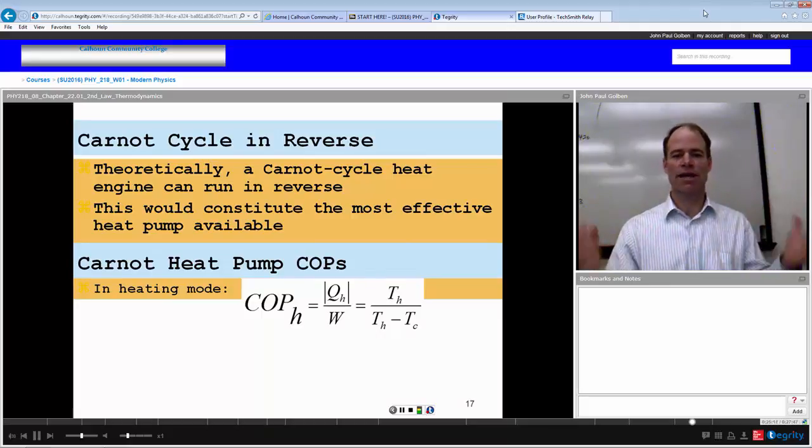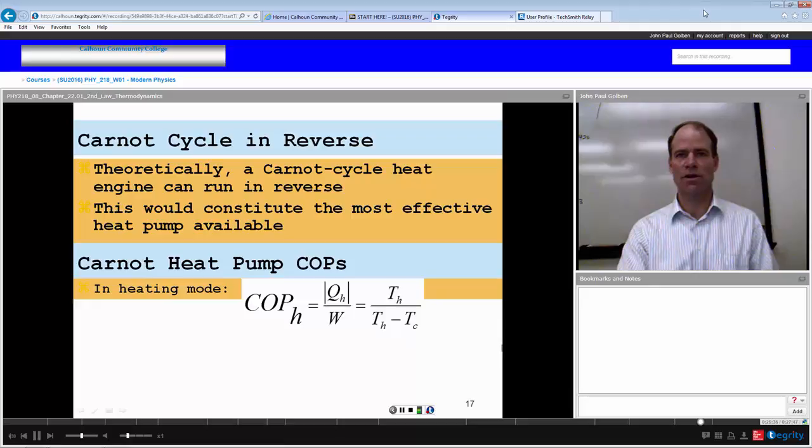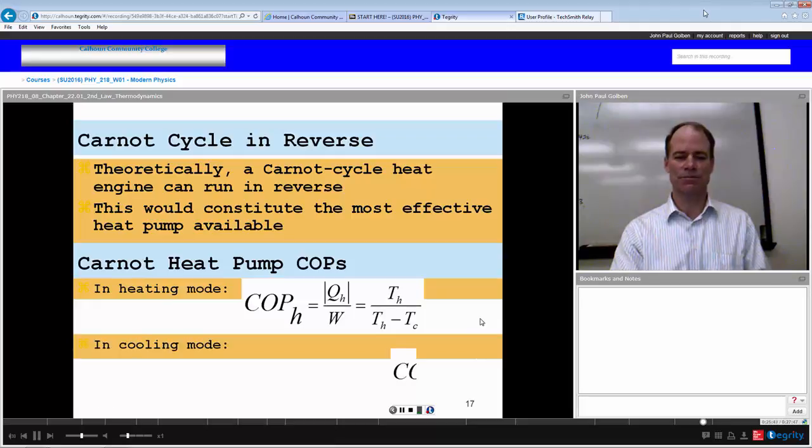What we hope to gain is to add heat to our hot reservoir, and that's going to require work. So in heating mode, the COP is the temperature of the hot reservoir over the difference in temperature of the hot reservoir minus the temperature of the cold reservoir. That is our coefficient of performance in heating mode.